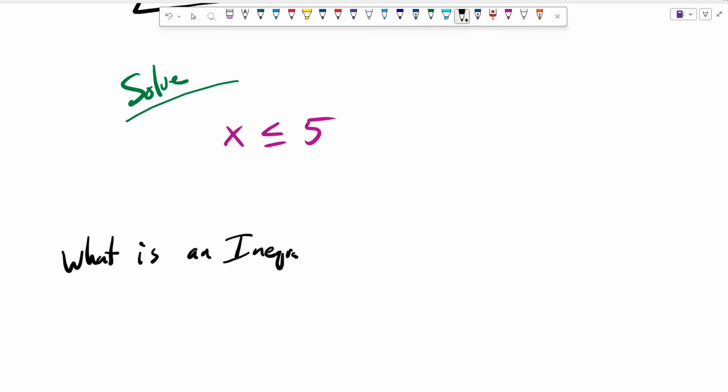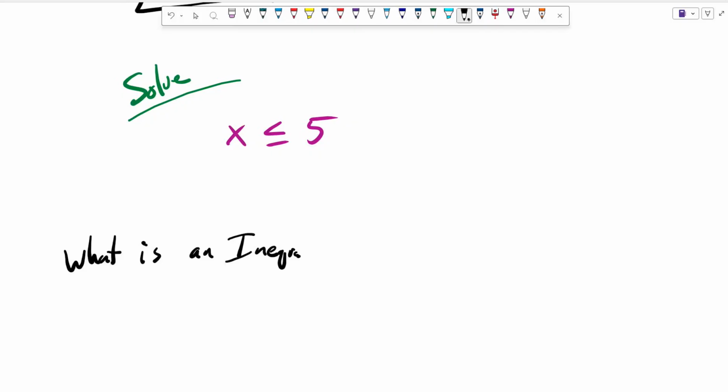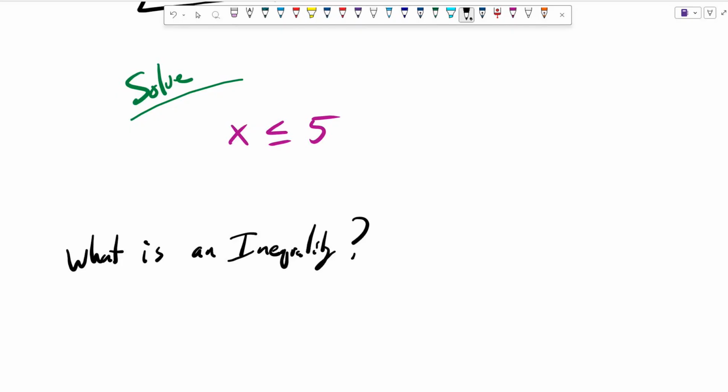What's it mean to solve? Find the solution set. It means to find the solution set. What's the definition of a solution to an inequality? Actually, let's go back. What is an inequality?